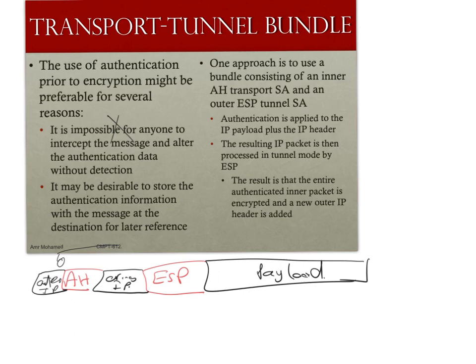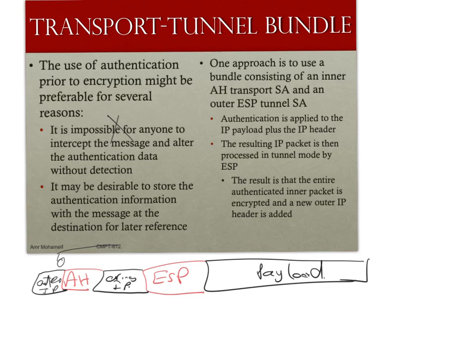Authenticate first or encrypt first, doesn't matter. The most important thing is that you have to have both. Okay? Doctor, I have a question. Go ahead. As you mentioned in the previous slide, the ID could be encrypted, or part of it could be authenticated, not encrypted. I didn't say encrypted. So will it be applied to the outer IP?